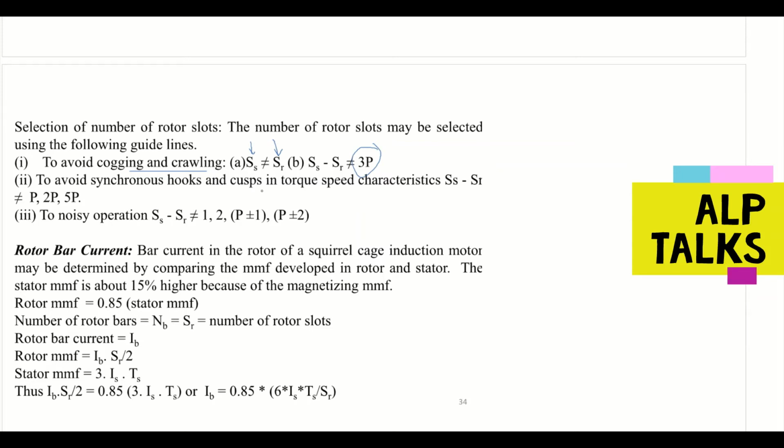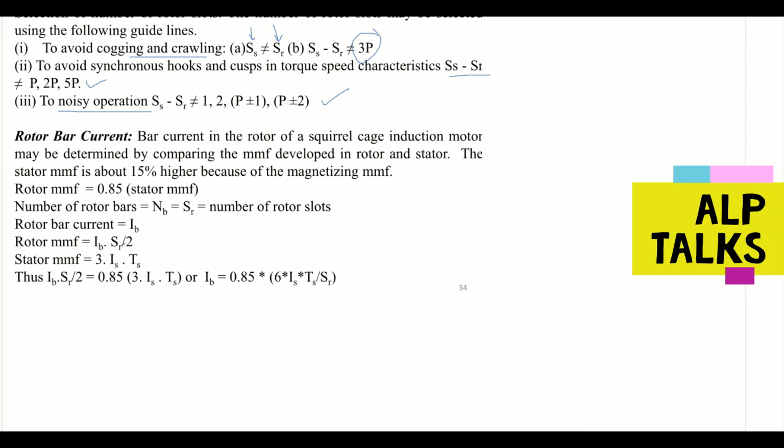To avoid synchronous hooks and cusps in the torque speed characteristics, the difference should not be equal to P, 2P, 5P and so on. For reducing noisy operation, the difference should not be equal to 1 or 2, that is, P plus or minus 1, P plus or minus 2. So, we have decided the number of rotor slots now.